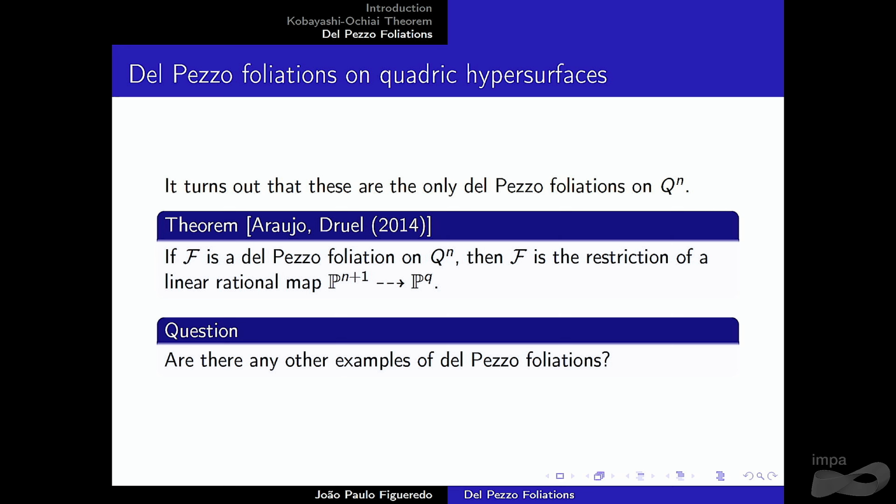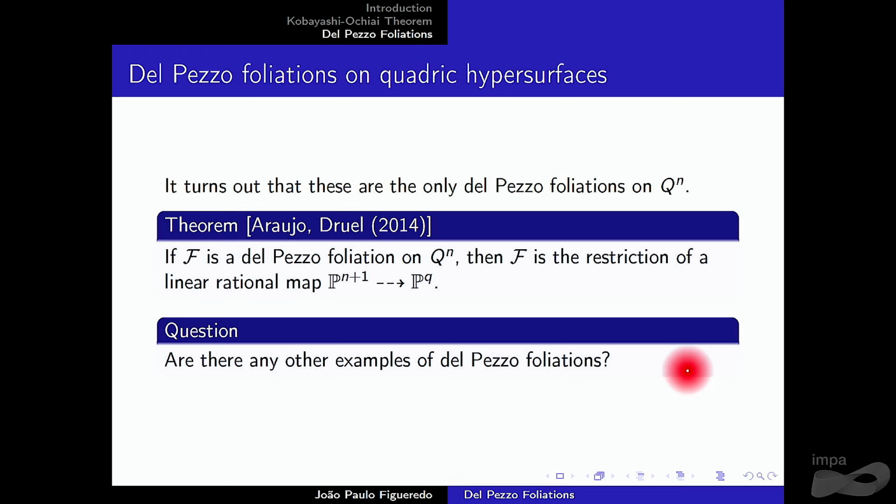Okay, it turns out that all Del Pezzo foliations on the quadratic hypersurface are induced by the ambient space. So the Del Pezzo foliations on Qn are always the restriction of a linear rational map. So the question is, are there any other examples of Del Pezzo foliations?